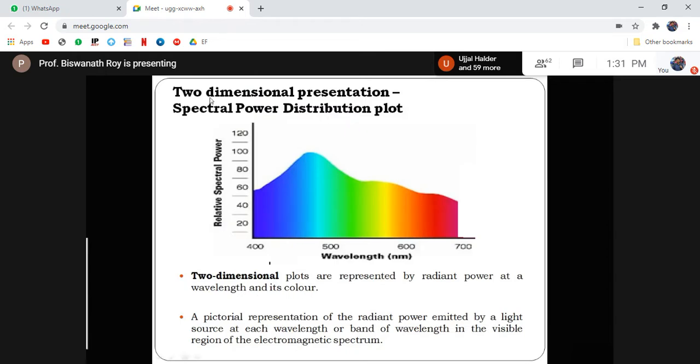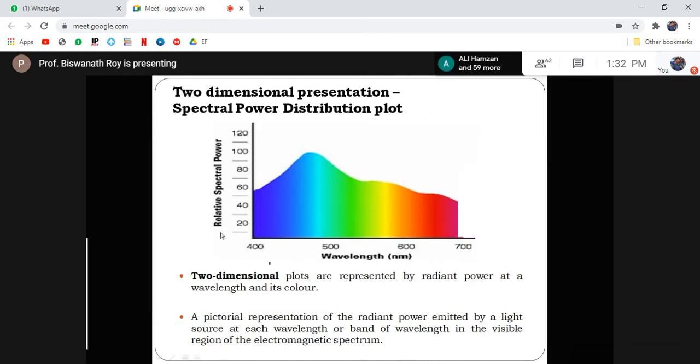On the other hand, the two-dimensional presentation is known as spectral power distribution. Why? Because in this presentation, the associated power of radiation is also plotted along with the wavelength. The abscissa plots the wavelength in nanometer, and the ordinate plots the relative spectral power.